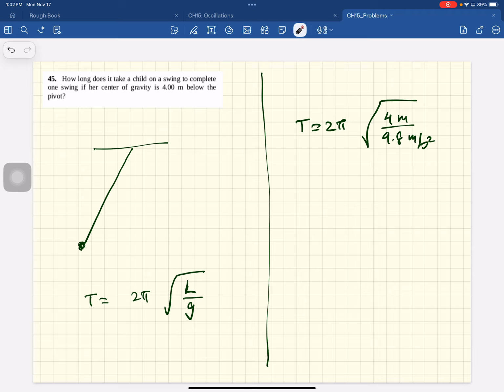On the moon, g is less, about 1/6, and the period would be longer.